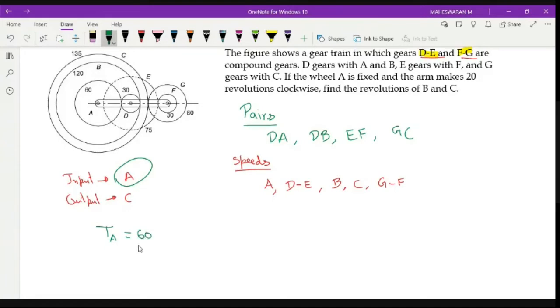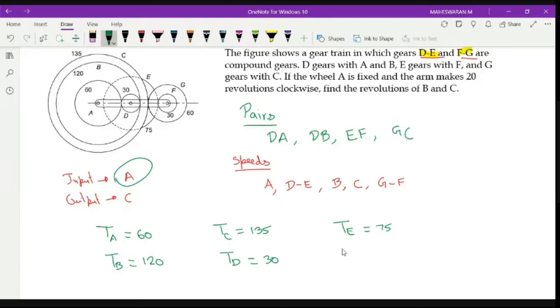It is mentioned in the diagram. Then TB is mentioned as 120. Then TC is mentioned as 135. Then TD is 30. And TE is 75.